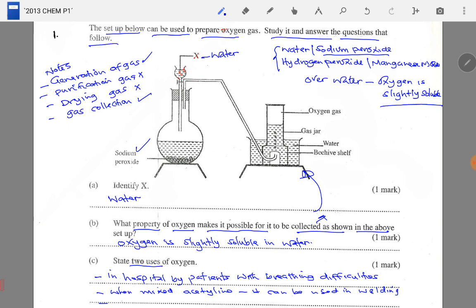Oxygen is used by mountaineers and deep sea divers. So those are the few uses, but ensure you can add on the list by referring to the topic air and combustion.